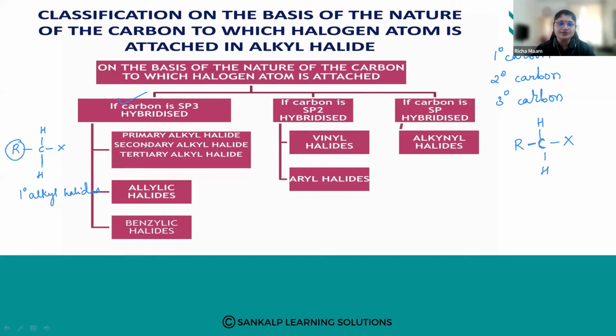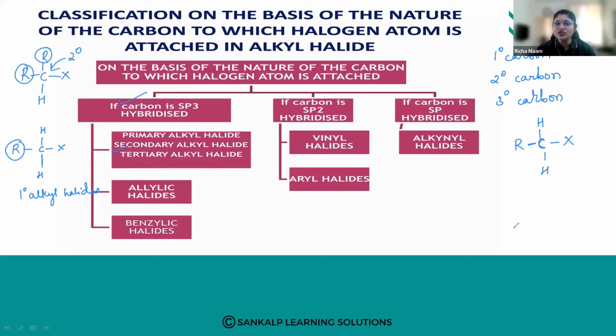Now, what do you mean by secondary? Secondary means the carbon is attached to two other alkyl groups. So the halogen atom is attached to a carbon with two alkyl groups. It is a secondary alkyl halide.